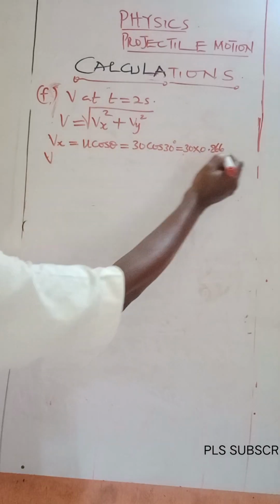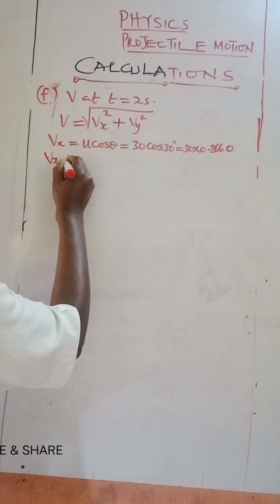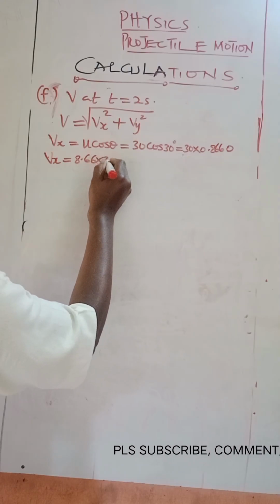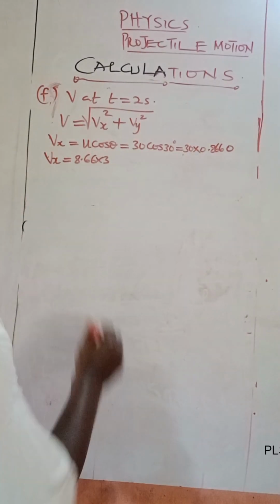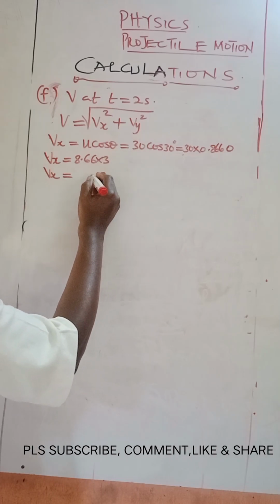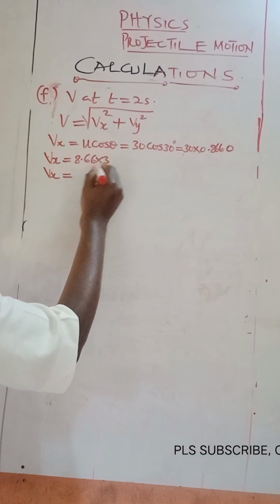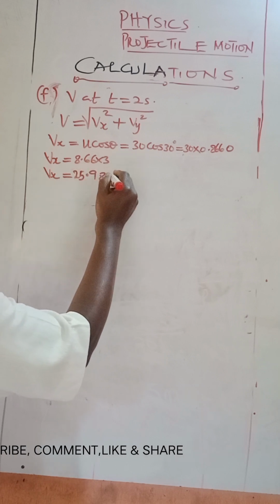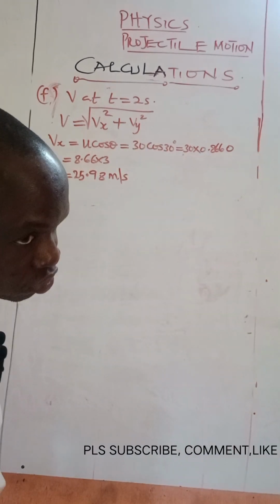Vx now is equal to 8.66 multiplied by 3. Use your calculator. We are going to get Vx to be equal to 25.98 meters per second.